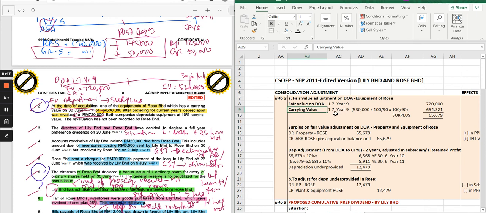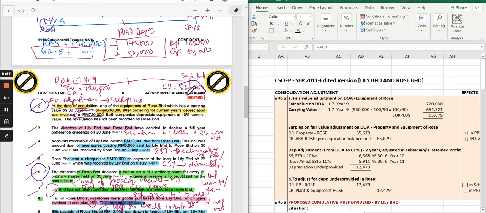You need to find out the carrying value on the date of acquisition, because your target is to find the surplus. To get that, you take the carrying value and gross up to 2 years earlier. To gross up, use the reducing balance method. You have 10% on the carrying value, so you multiply by 100 over 90, because 100 minus 10 is 90.